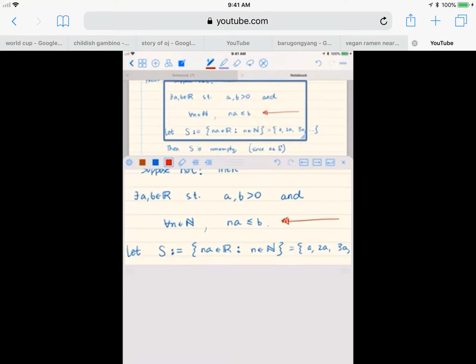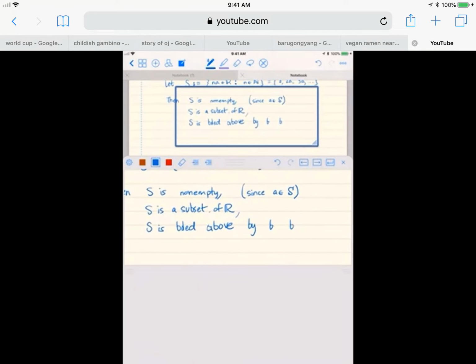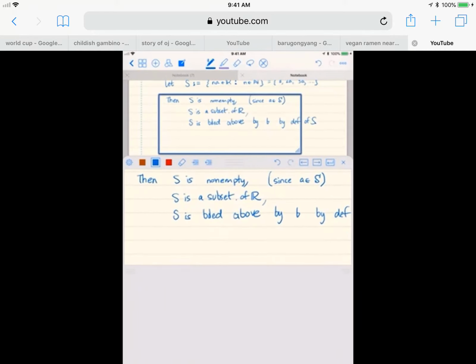So there we go. So this statement here gives us the fact that S is bounded above by b. That's how we defined S. So we can invoke the completeness axiom.